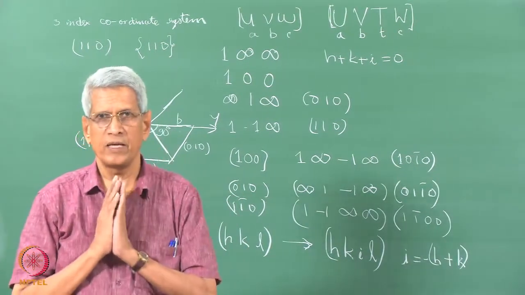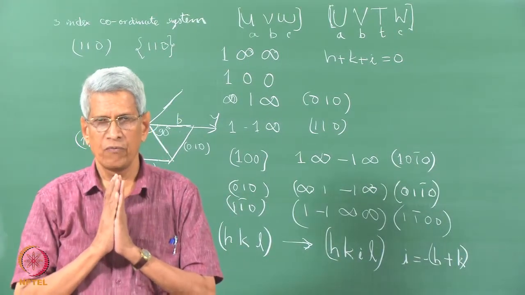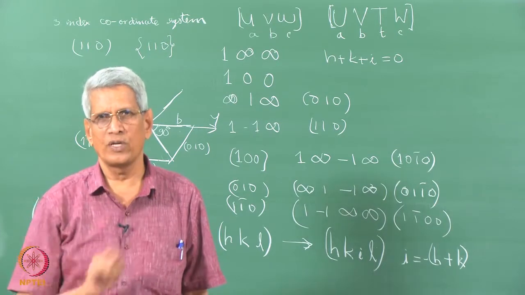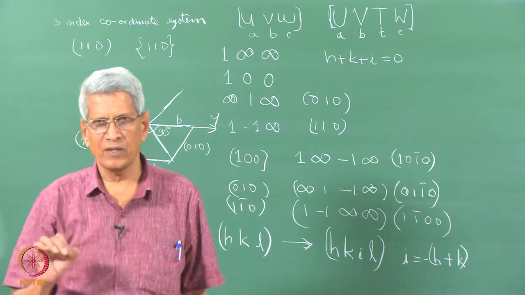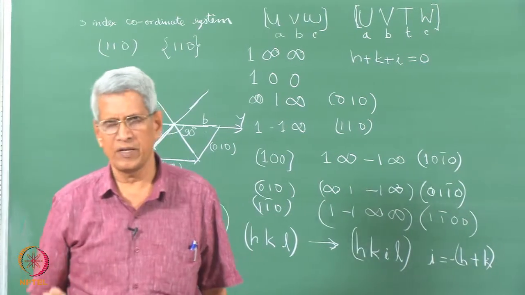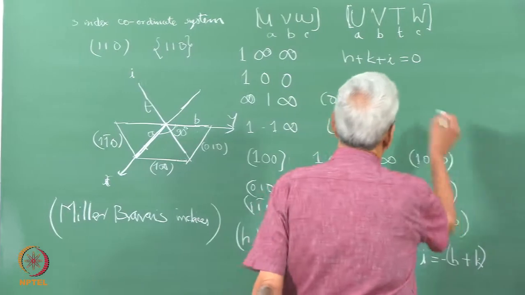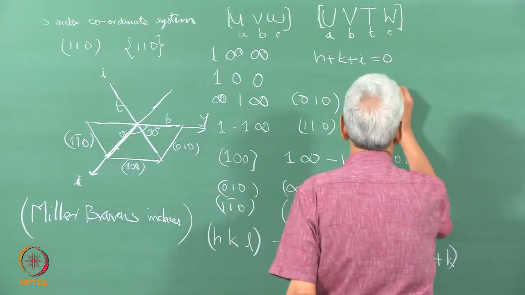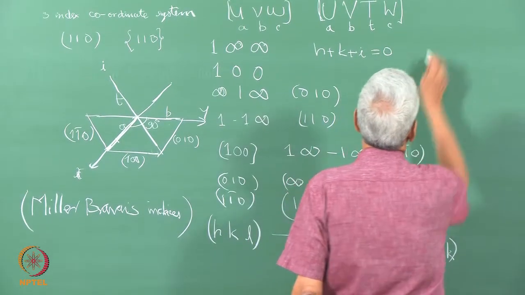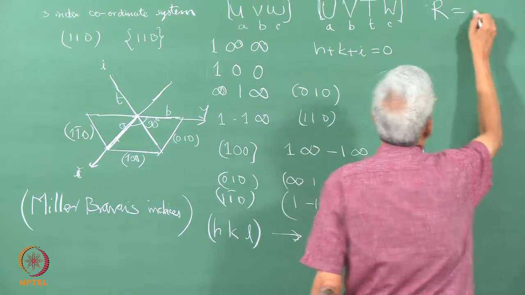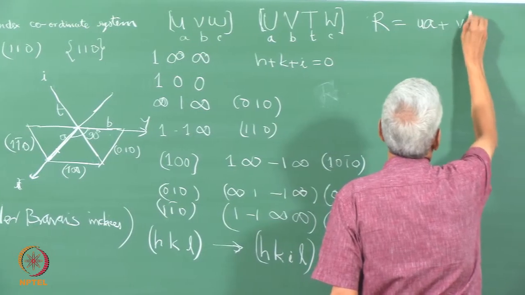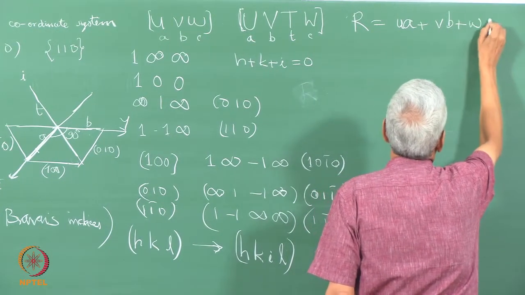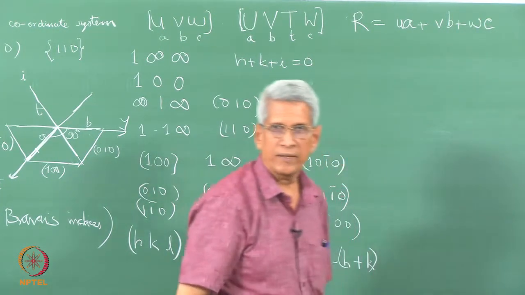But what is essentially important is that irrespective of which coordinate system we use to represent it, the vector value has to remain the same. So, we know that R will be equal to U into A plus V into B plus W into C, correct.